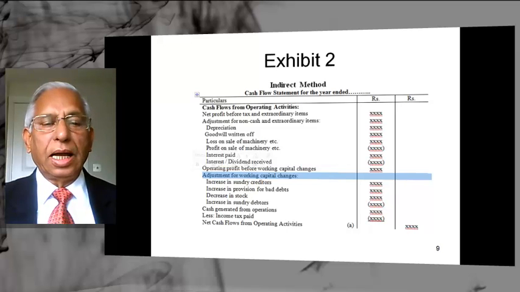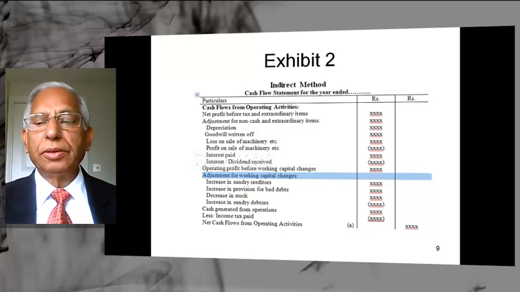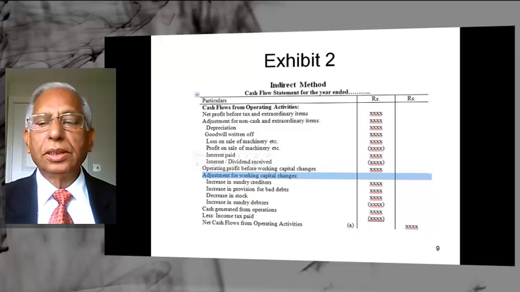All these are adjustment items which are adjusted to operating profit before working capital changes. Note one very important thing: any positive item is written without bracket and negative items are written in the bracket. In other words, minus items are indicated by bracket.